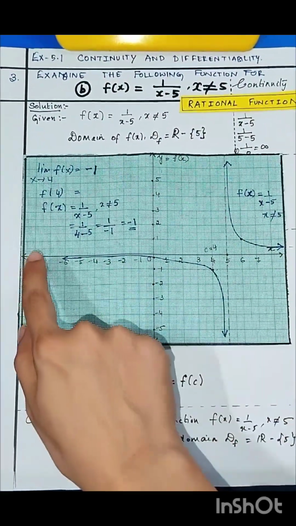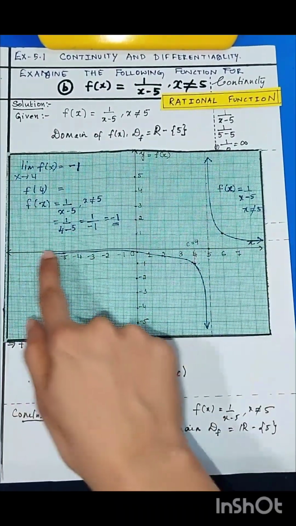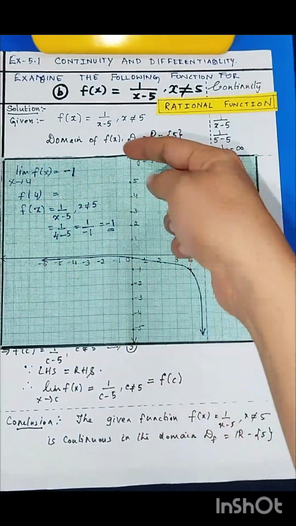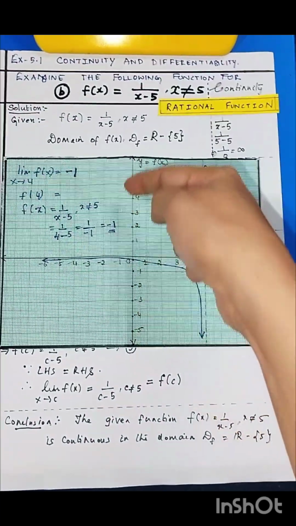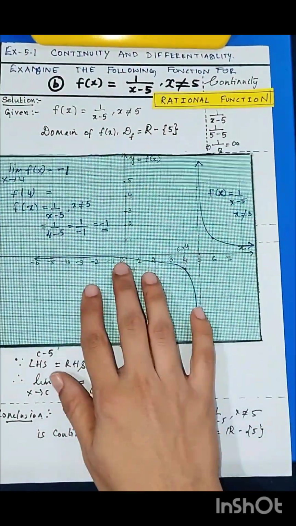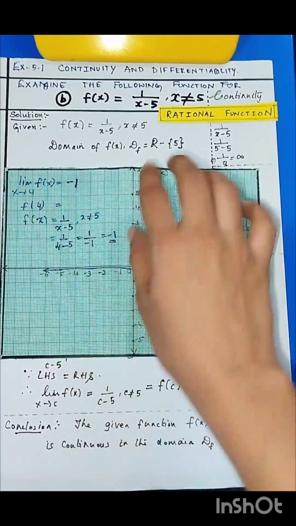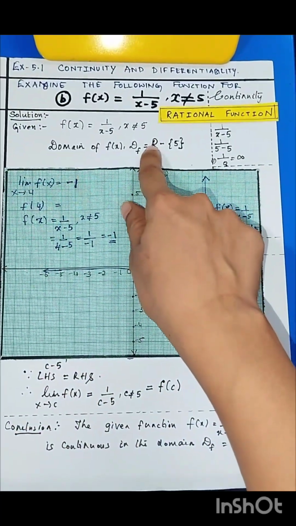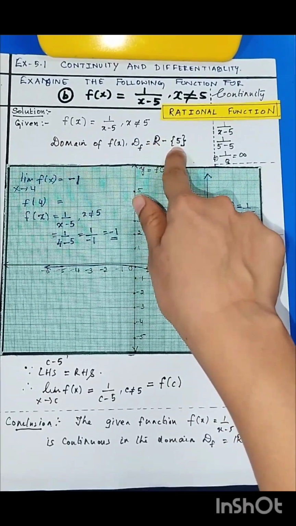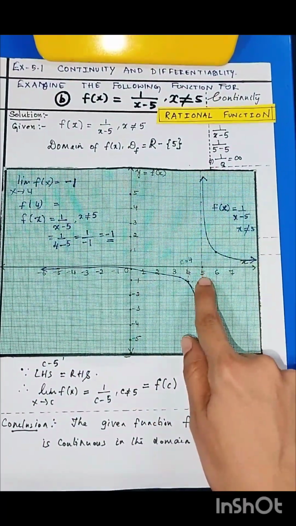This part is called the domain of the function, which is the x-axis, and this is the y-axis from where you get the outputs, that is f of x. In the domain, we have already written that we can take any real number except 5.